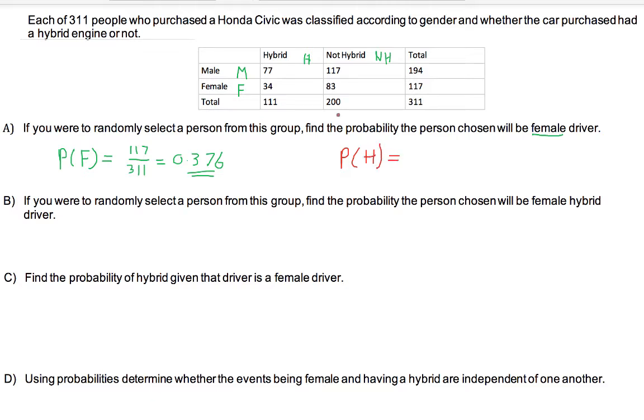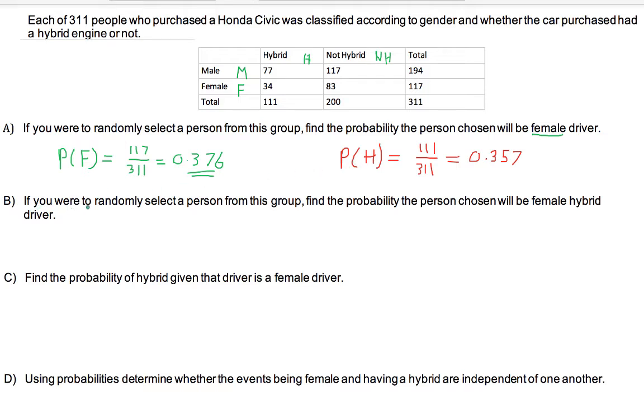So how many hybrid engine? We have 111, then total 311. So 111 divided by 311, it is 0.357. So that is the probability of hybrid engine.